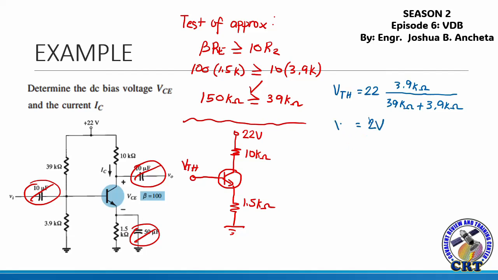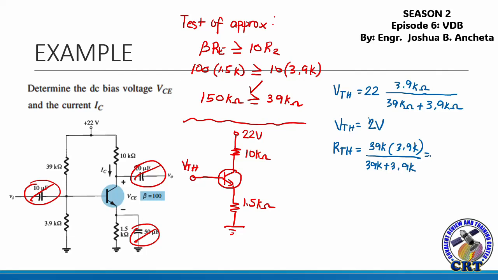So VTH is 2 volts. Although not required, let us also solve RTH. This is R1 times R2 over R1 plus R2.